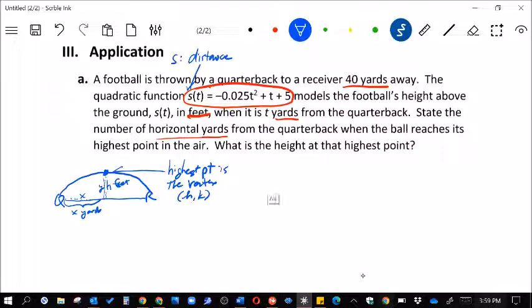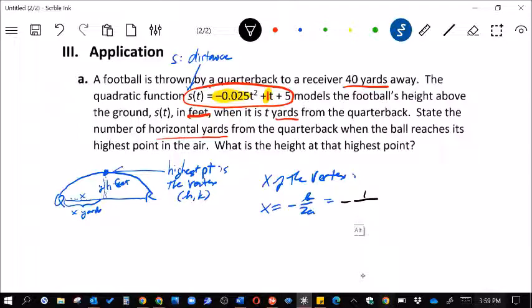So we find the x of the vertex through x equals negative b over 2a. Here b is 1 and a is negative 0.025. So we have negative 1 over 2 times negative 0.025.